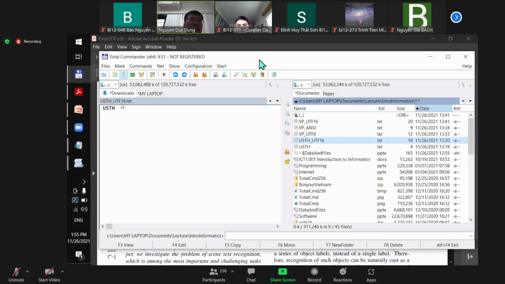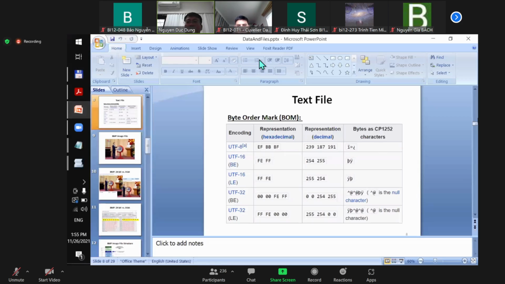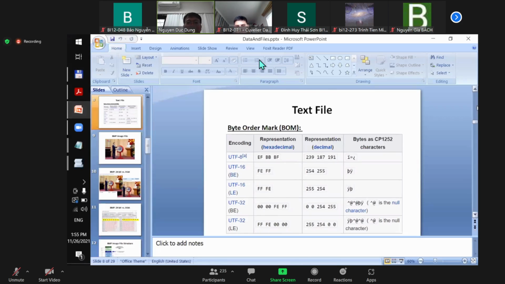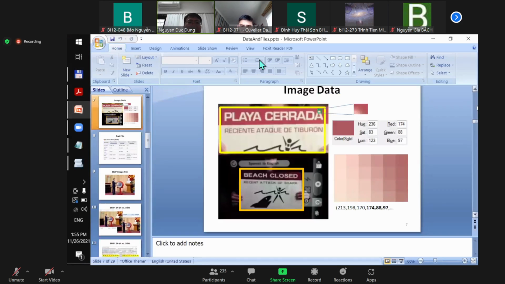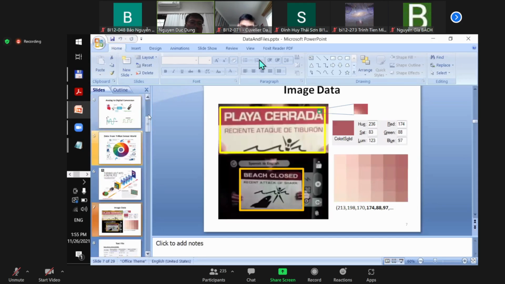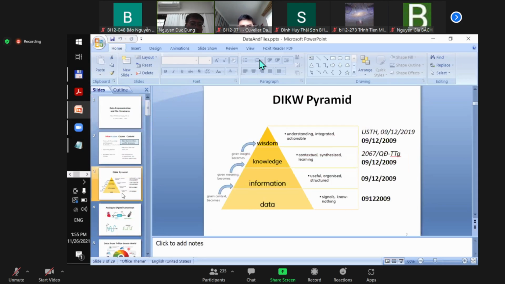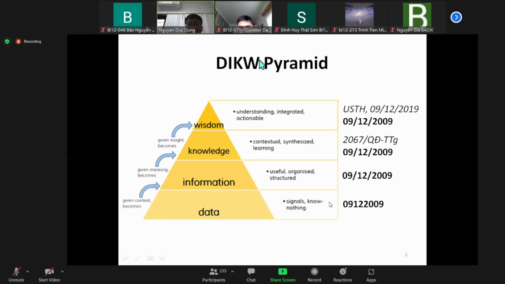So you learn about the data representation in your computer. You should know that without the metadata, or without the structure of your data, it could not become information.